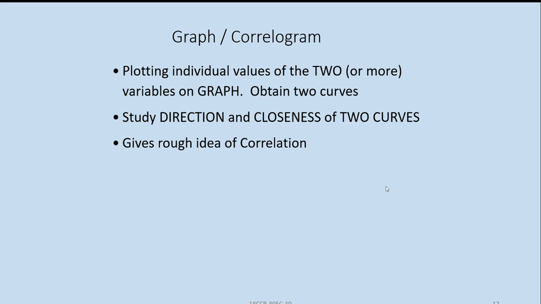By using graphs, plotting of individual values of the two or more variables on a graph obtains two curves. Study direction and closeness of two curves. Direction and closeness means how they are moving, whether they are moving very close or very far. This gives a rough idea of correlation.